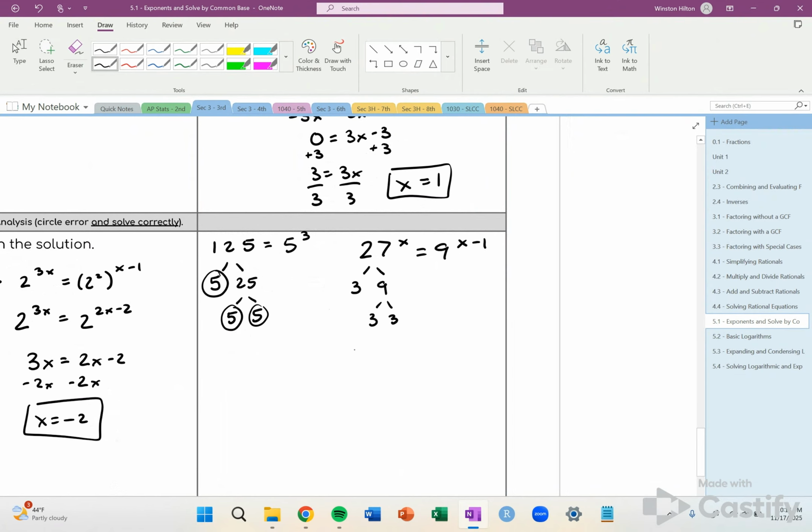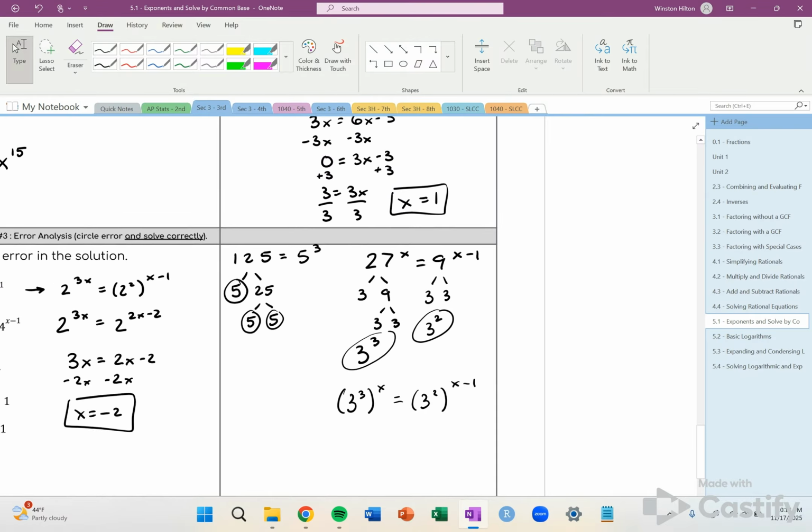So 27 is the same thing as 3 cubed. But that doesn't quite match up with that base of 9. So we would look at 9, recognize that that is the same thing as 3 squared, and those are going to have the same base. So we can rewrite our equation using both of those, 3 cubed and 3 squared, and go from there.